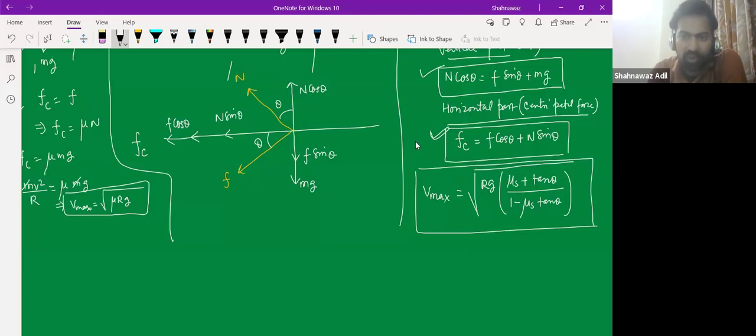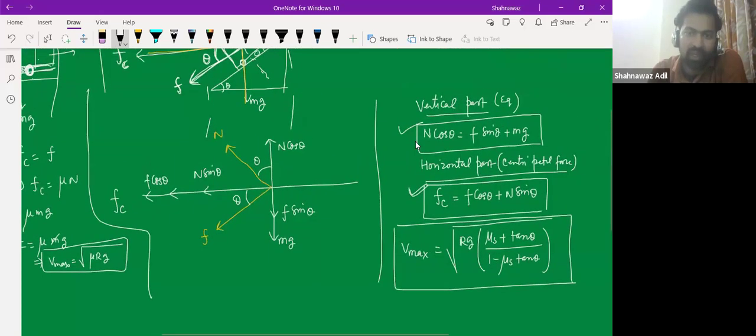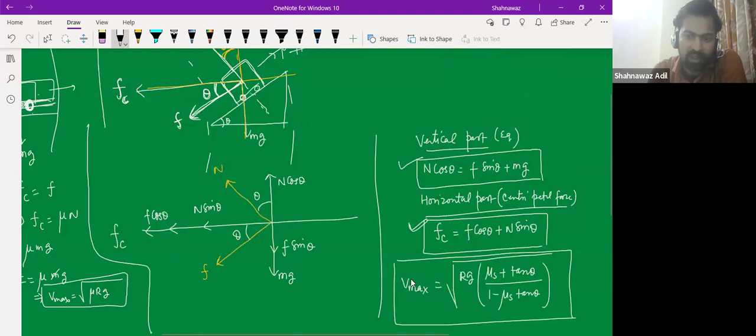But you can also have this V max without this friction as well, because there is another force which is providing the centripetal force. So let's say we don't have the friction, because we want to save the wear and tear of the tire, we want the tire of the vehicle to be safe.